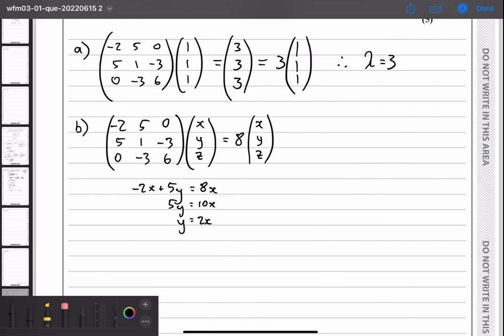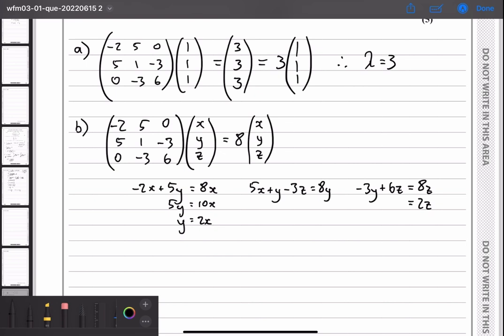Now I also know that 5x plus y minus 3z is equal to 8y. That gives me a relationship between all three. I'll leave that for now. That's not going to be as useful as the next one because I can see a 0. So we get 0x minus 3y plus 6z is equal to 8z.